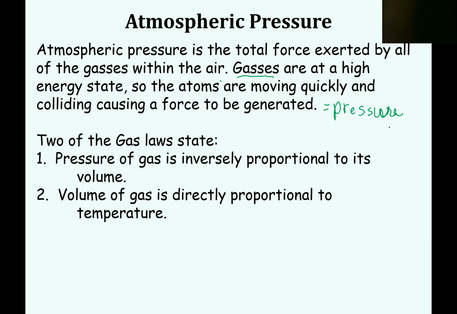Okay, there are 4 gas laws. 2 of them we need to cover. 2 of them I think are pretty self-explanatory. One of them I've already kind of mentioned. When you have a mixture of gases, each of them creates a portion of that total.